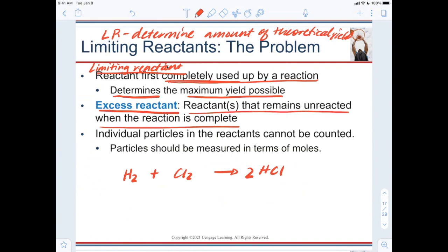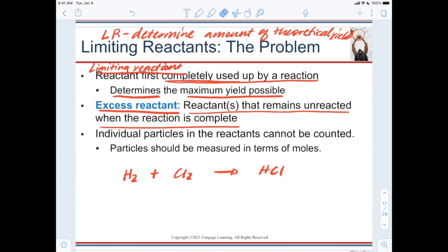This is the simplest I can think of. We need 1 mole of H2 for every 1 mole of Cl2 to form 2 moles of HCl based on the balanced equation. That's what this means, right? 1 mole of each of these produces a product.